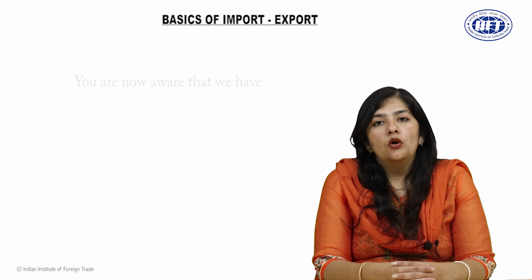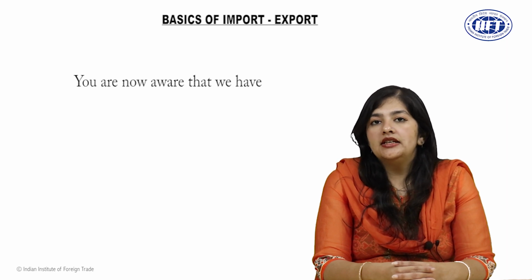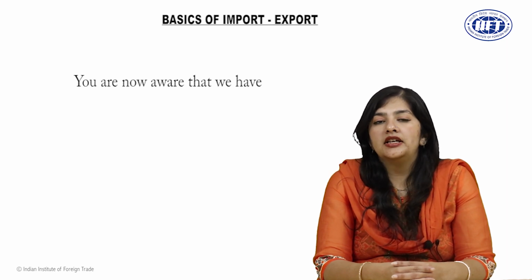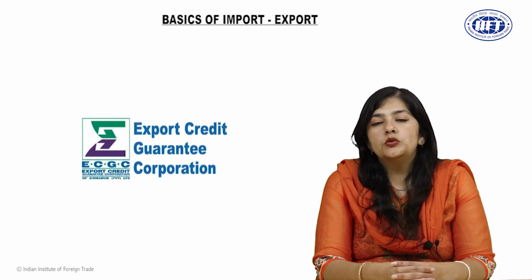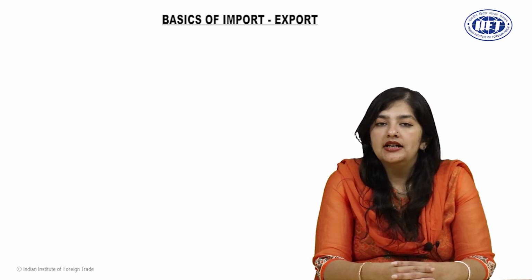We are all now aware that in the case of India, we have the Export Credit Guarantee Corporation of India Limited, which will provide us a number of covers both for exporters as well as for banks in order to ensure that there is minimal payment risk involved.